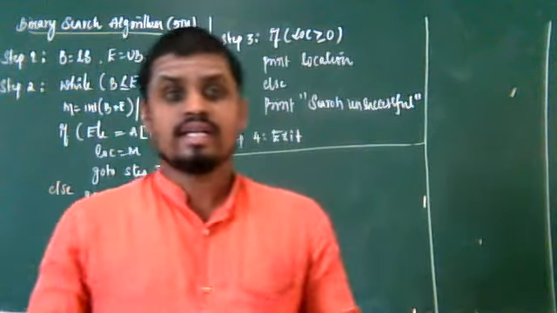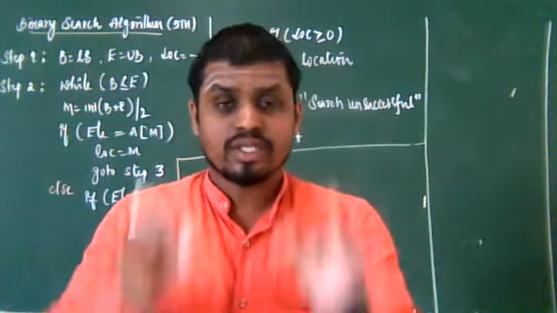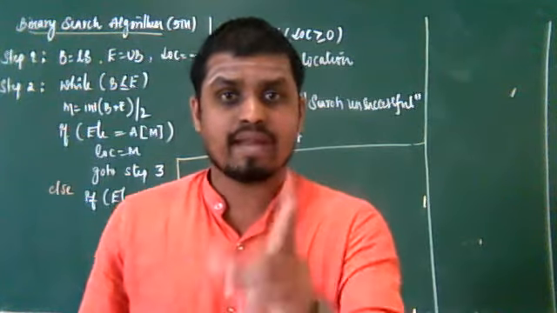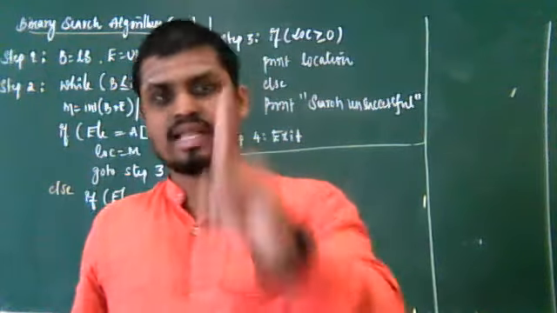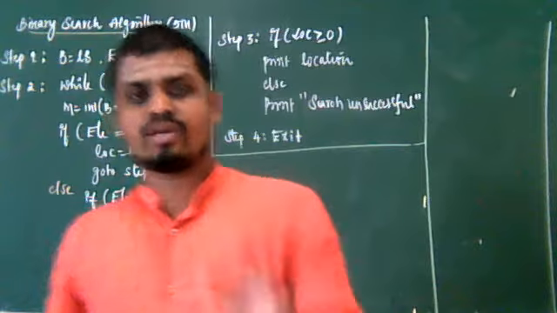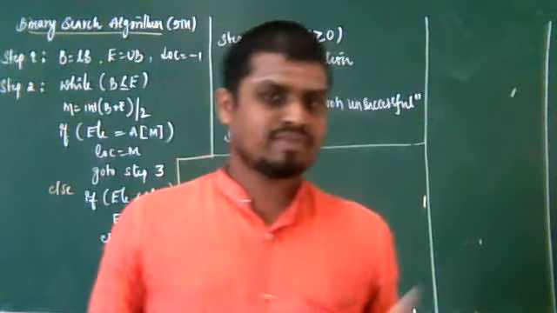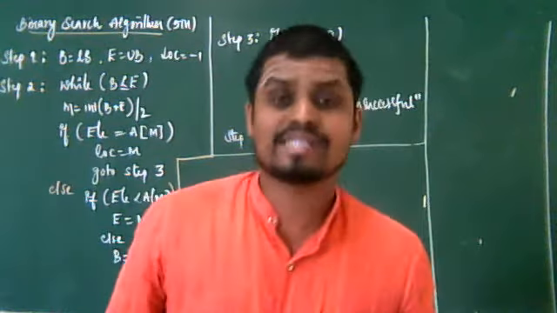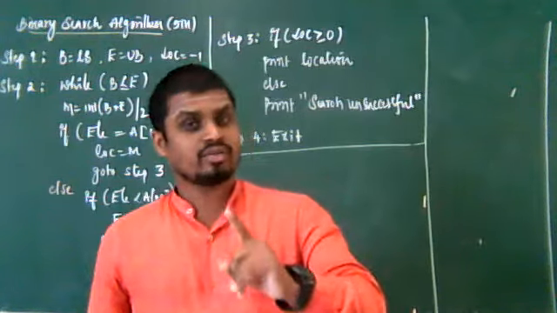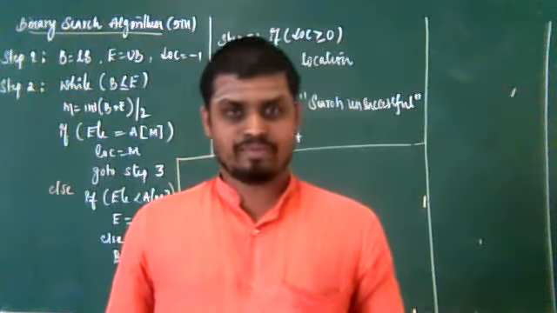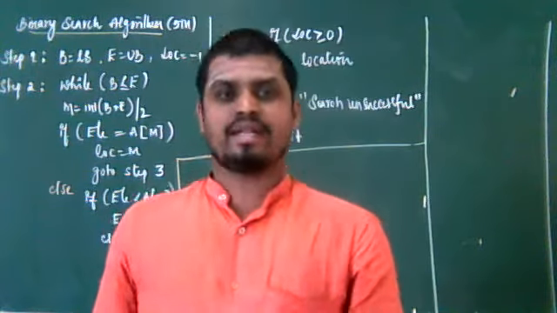In this binary search algorithm, first of all, you need to find the middle value from the memory block. Based on that middle value itself, you move either to the right side or the left side of the middle value to search for the required element. One more time I'll tell: first you need to find the middle value.